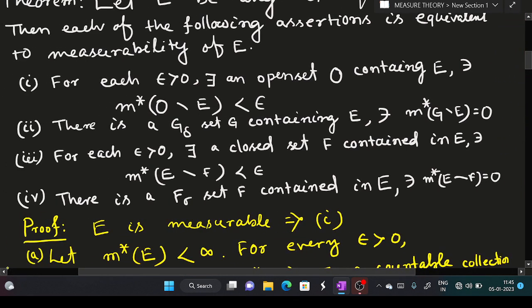Similarly, not only does an open set exist from the outer side, for each epsilon greater than 0 there exists a closed set F contained in E such that m star of E difference F is less than epsilon.